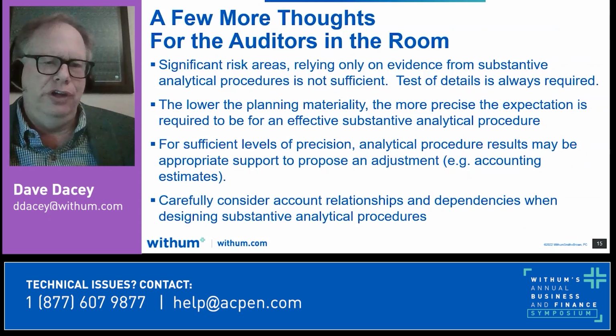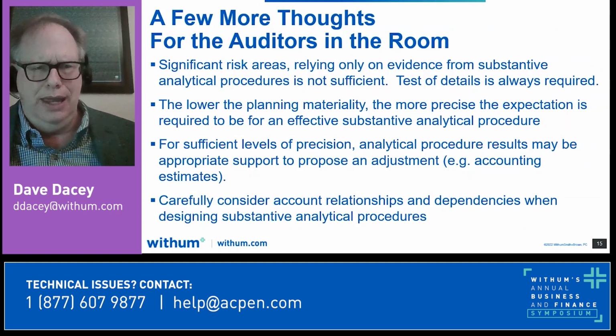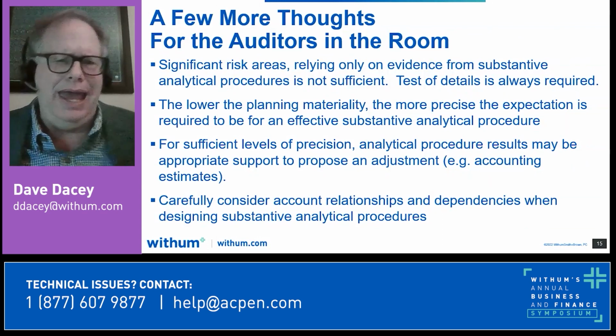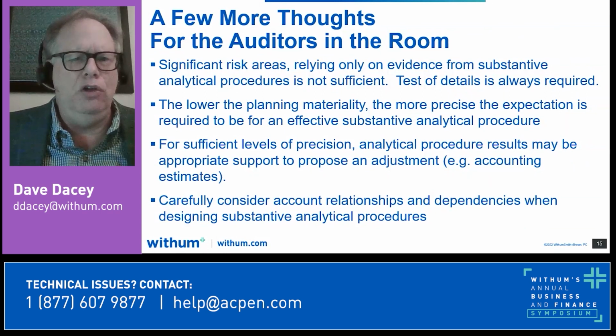There's a thought process in professional standards that if you have a significant risk item, you really need to test the details of that significant risk item, which means you have to actually look at underlying prima facie evidence related to that. It's not as simple as just doing an analytical and seeing whether the analytical is reasonable.